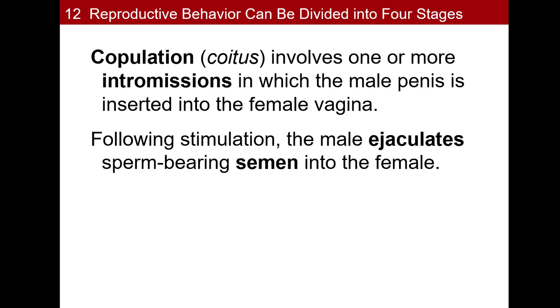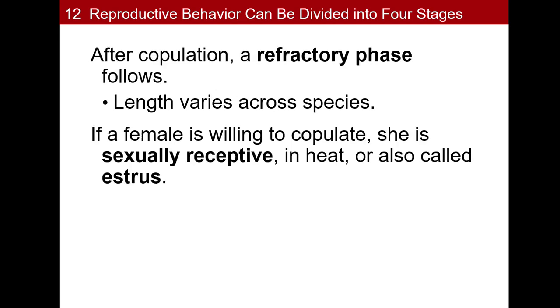Does a woman have to have an orgasm to become pregnant? Not necessarily. There's some research that suggests it might be helpful. If you think about the muscle contractions that can come along with that, they might help usher the sperm into the correct location, but certainly not absolutely necessary.